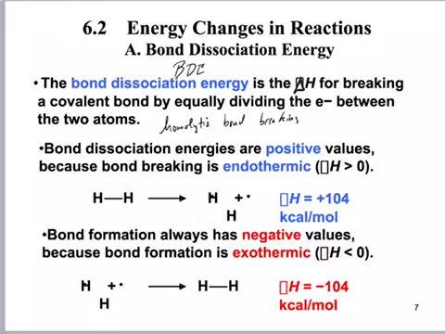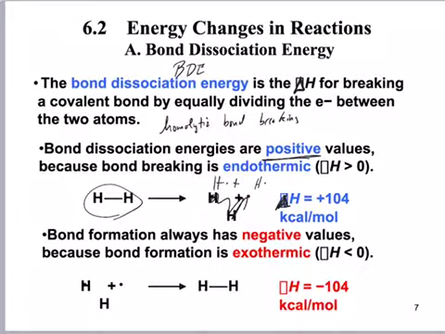Now, bond dissociation energies are tabulated. You can find a table of these things, and these are always going to be given as positive values because you're always breaking. Remember, breaking a bond always takes energy. Making a bond always gives you energy back. So if I have hydrogen and I break it into H with a dot and H with a dot, that requires 104 kilocalories per mole.